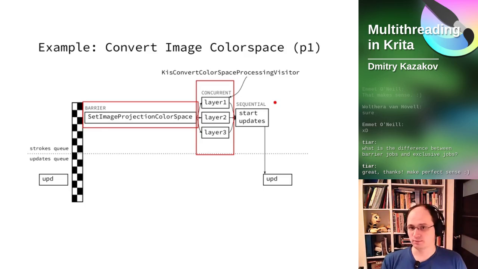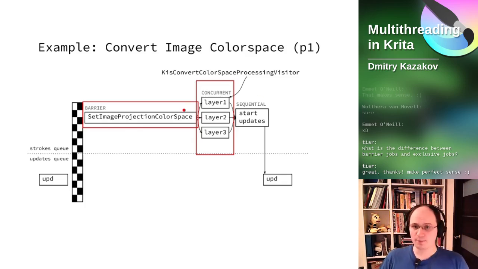For example, if we change from RGB to grayscale, and we need to emit a signal to notify GUI that our color space has changed. This signal is used by OpenColor.io, profiling stuff, and in a lot of different places. In color selectors, I think it is used as well. So basically, we need to do 4 steps.